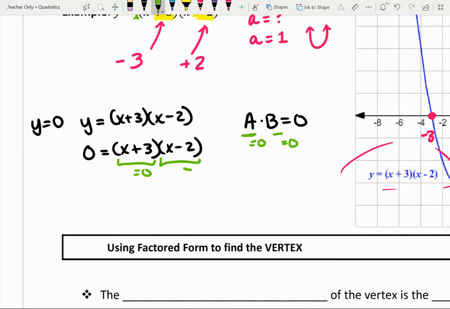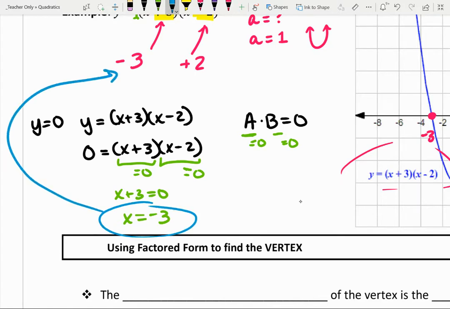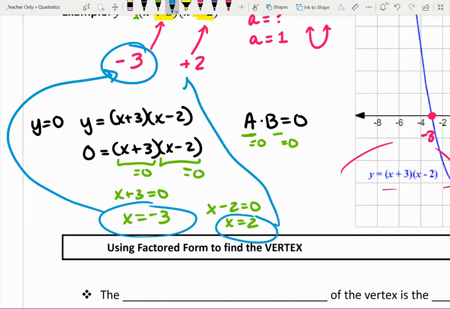If x plus 3 were equal to 0, we would get x equals negative 3. And check it out, that matches the x-intercept that we identified. If x minus 2 is equal to 0, then we'd get x is equal to 2, which, ta-da, matches our other intercept.